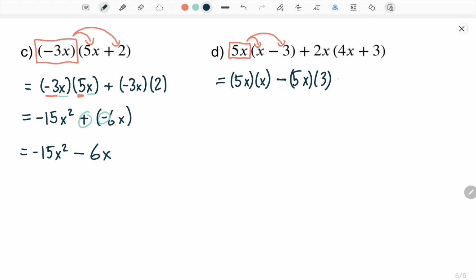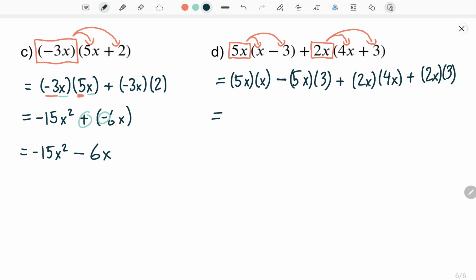So when we're adding that on, what we can do is we're just doing distributive property. So we're including everything up to the plus sign in front of the brackets. That's the part that's being multiplied into the second set of brackets. So you have the 2x times the 4x. That's going to be the first part. And then you have the 2x times the 3. And that'll be the second part. All right. And there we've applied the distributive property.